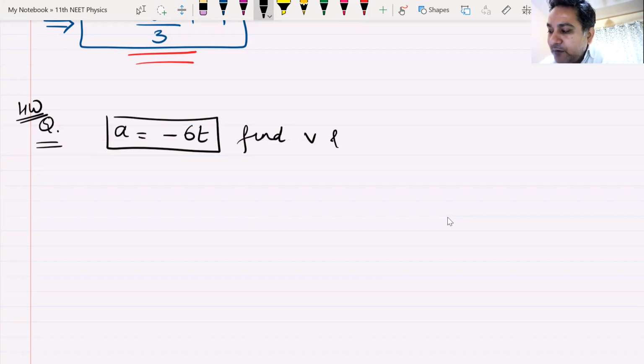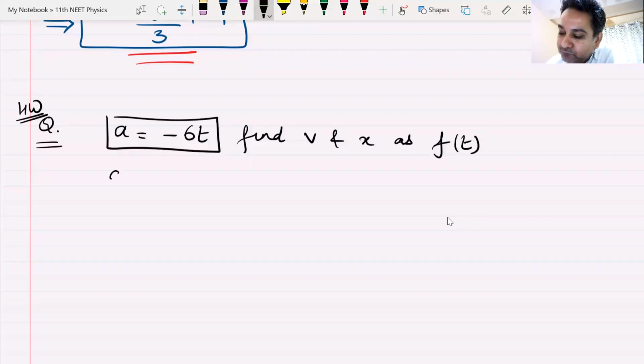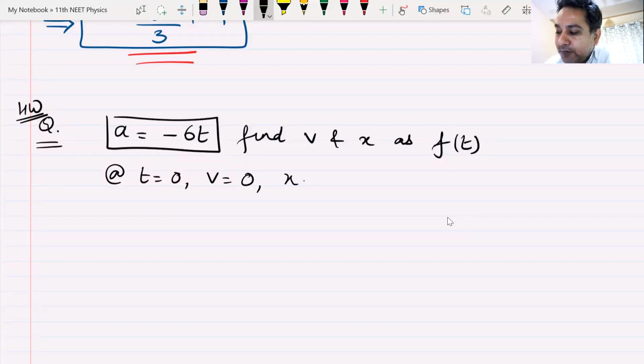Find v and x as a function of time, at t is equal to 0, v is equal to 0, x is equal to 2. So I hope you can solve this question and put your answers in the Telegram group. Can you do that for me?